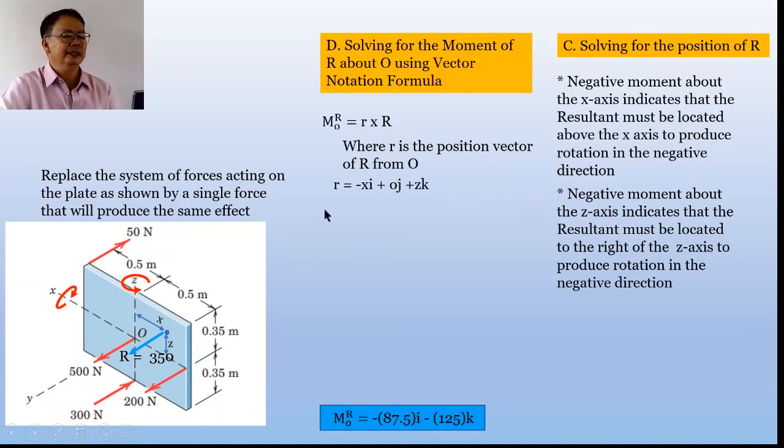At yung R naman natin is directed in the y-axis whose magnitude is 350, and therefore R shall be equal to 350j. So this becomes r cross R.